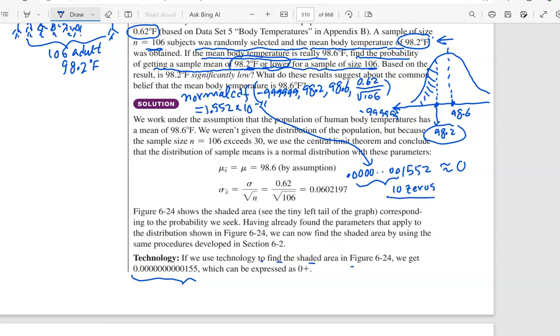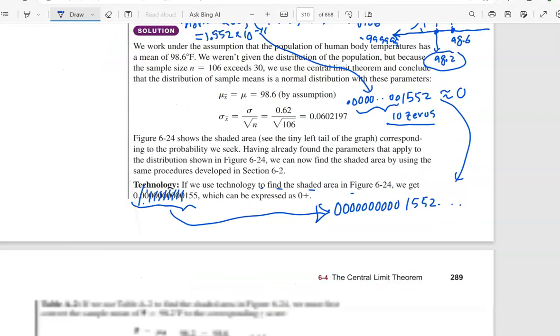Let's count it: 1, 2, 3, 4, 5, 6, 7, 8, 9, 10. Do you see that? 10 zeros. So this means point, I'm talking about this one, 1552. This is what this means.